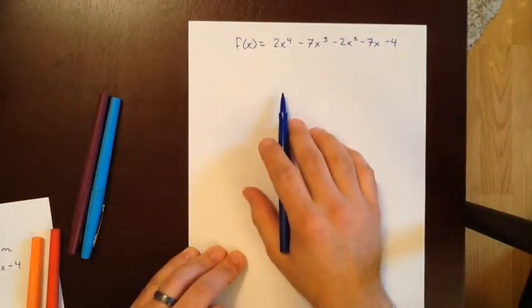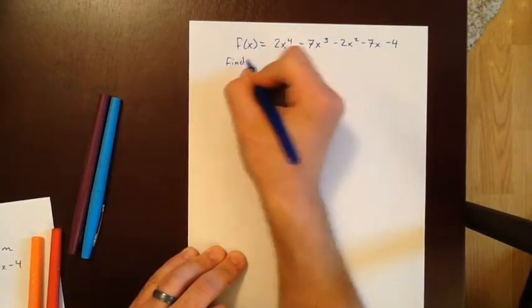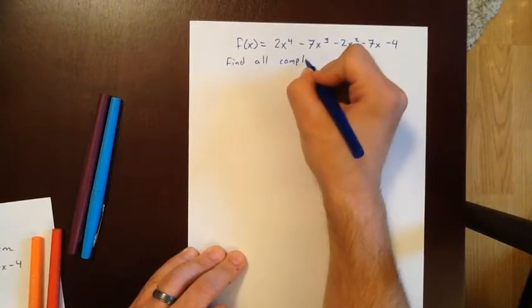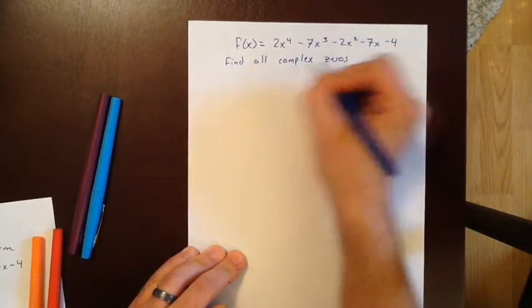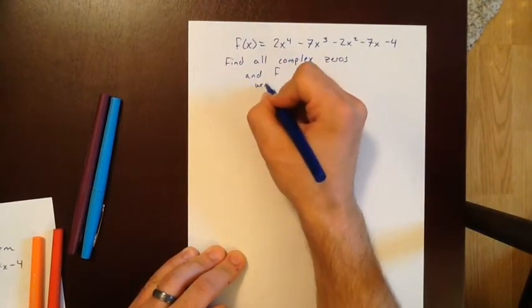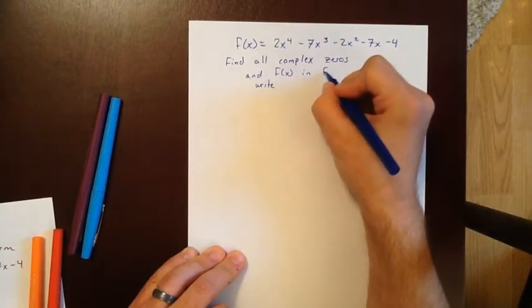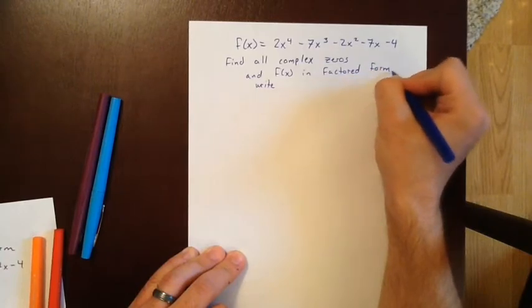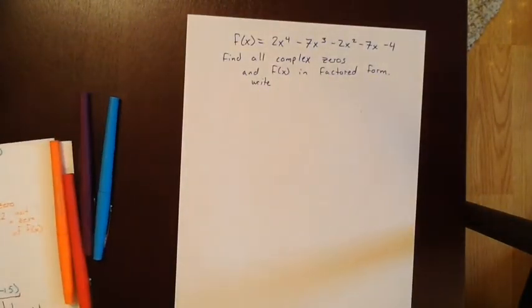Before you come into class, I would like for you to find all the zeros, real and complex, or real and imaginary. Find all complex zeros and write f of x in factored form. So take time to do that, and see you later.